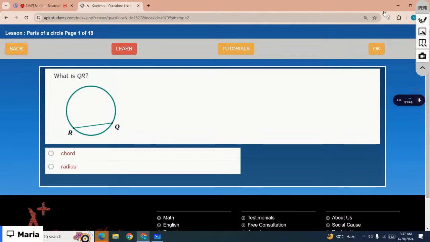QR is the chord, right? A diameter is a line that touches the circle at two points and passes through the center of the circle. This line touches the circle at two points, but it doesn't pass through the center. So that is just a chord.